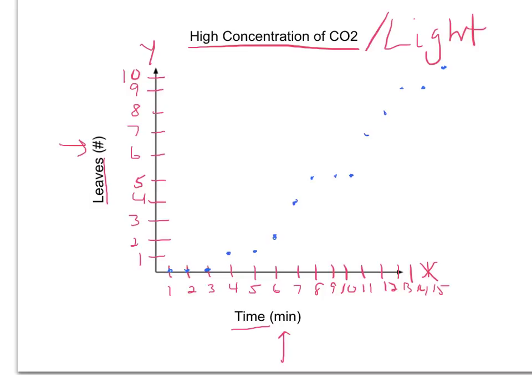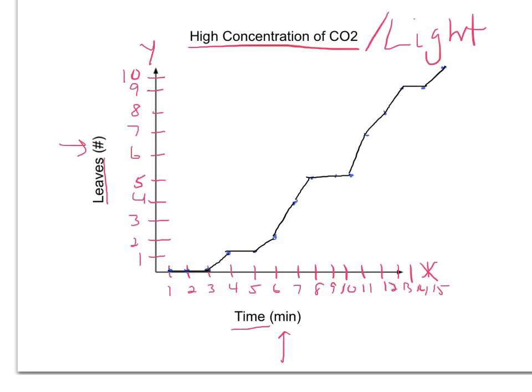And so again, if those dots are on the x-axis, there are no leaves floating, so we will just connect them along the x-axis. Then we will continue moving up and over, and up and up and up, over, and continue the rest of the way. And this is what our graph looks like. Now again, this is our high concentration of CO2 or our high light intensity.